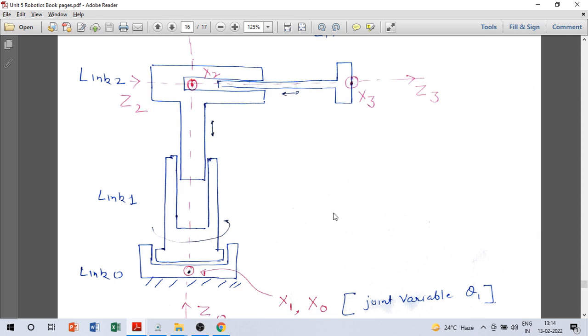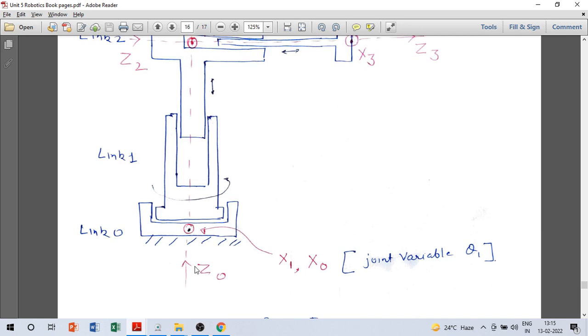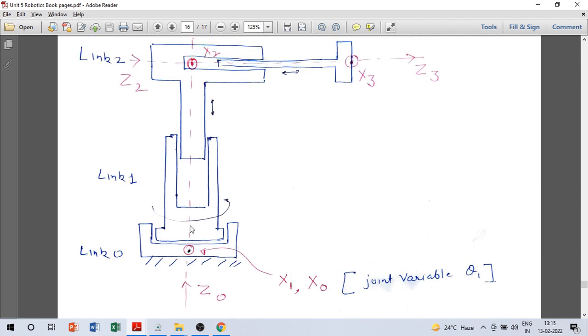Then we will assign the z axes, because we know the axes of these joints. This is the first joint, a revolute pair, and this is the joint axis. Through this we'll have z0. We can take it upward or downward, it does not matter.